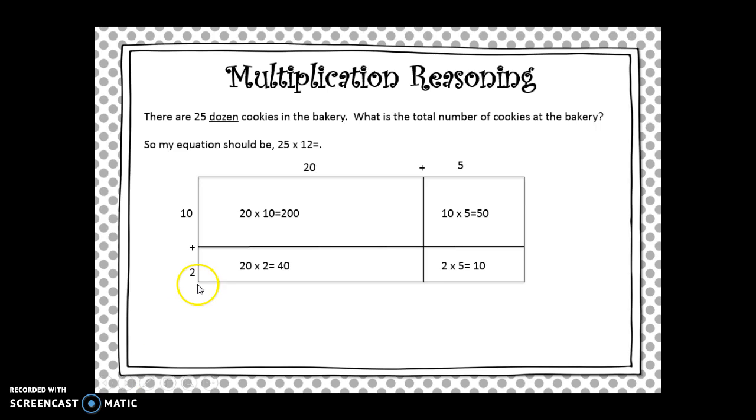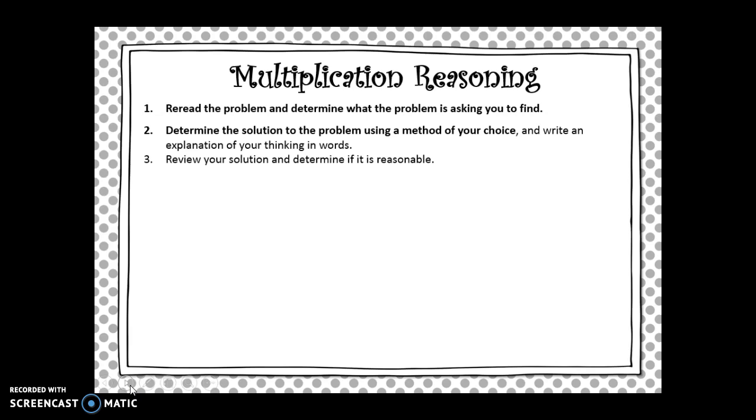I divided 20 and 5, which is 25 in expanded form, and then I divided 12 into 10 and 2, which is expanded form, and then I multiply each of my smaller sections to get each answer for the smaller section, so then I can add the totals of each of the smaller sections together to get a total of 300. I added 200 plus 40 plus 50 plus 10 to get a total of 300. So there are 300 cookies at the bakery.